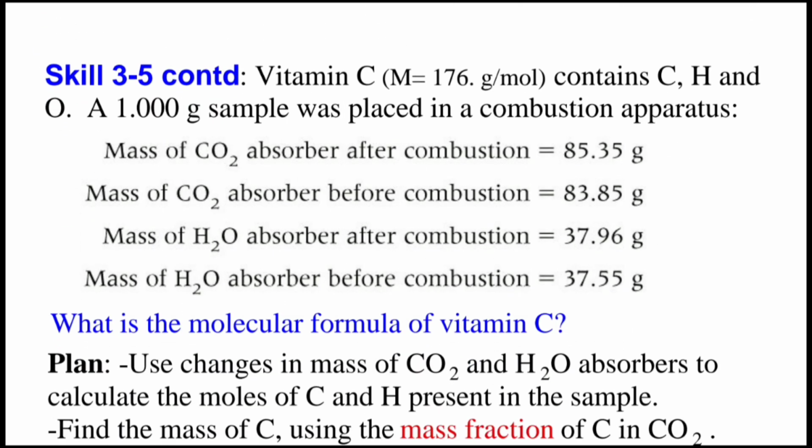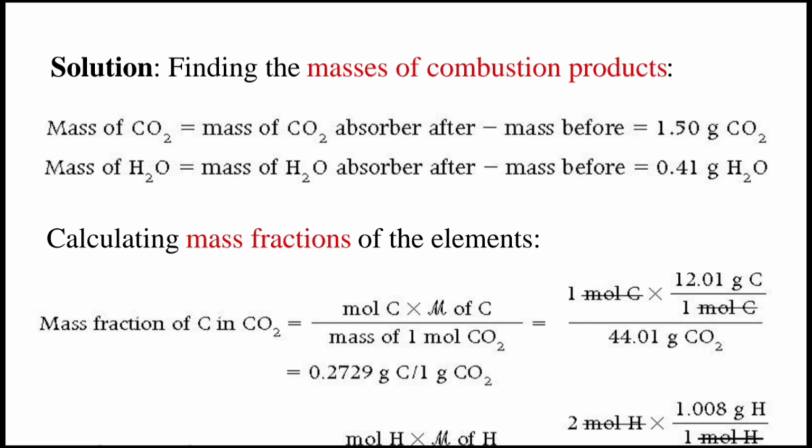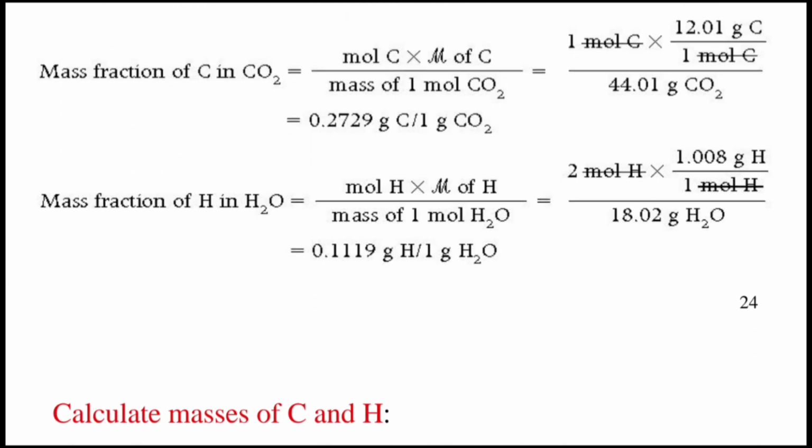This is another question. How can we find the mass of CO2? We find the mass fractions of C, H, and O in the organic compound. We write moles multiplied by molar mass, divided by the mass of 1 mole of the compound CO2.